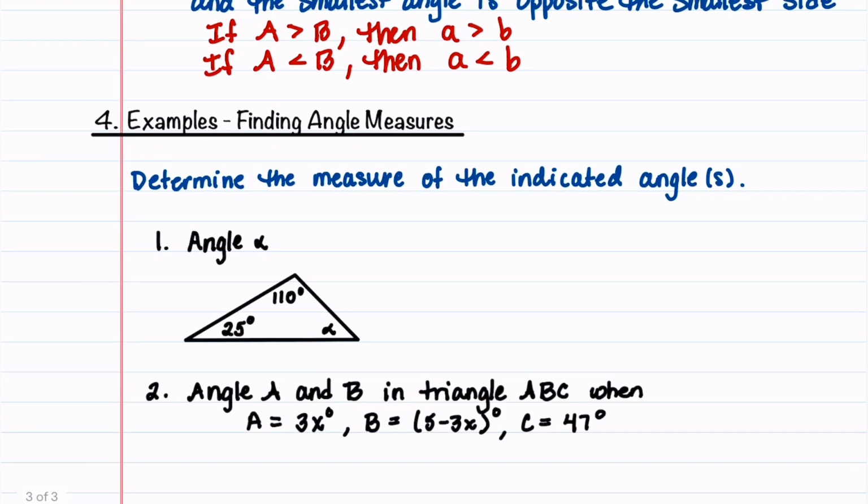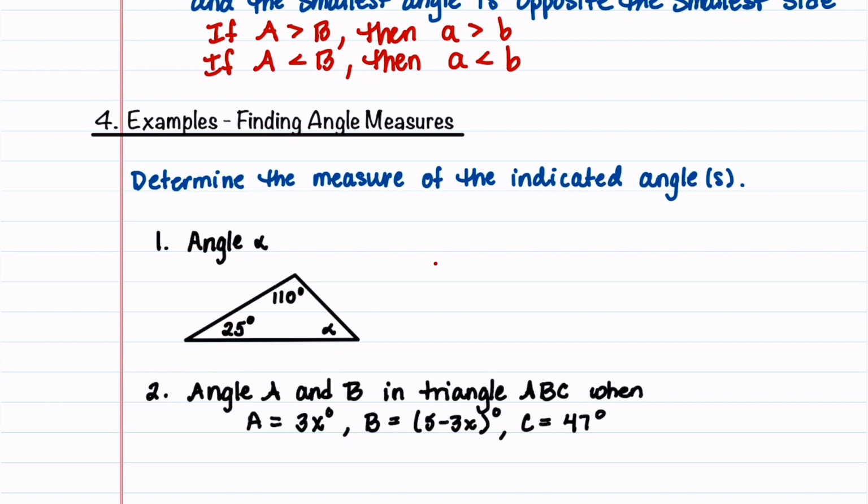Let's now look at some examples where we need to find the measure of some angles in a triangle. In our first problem, we need to find the measure of angle alpha. We start by using our first property that tells us that the sum of the three angles in a triangle is equal to 180 degrees.